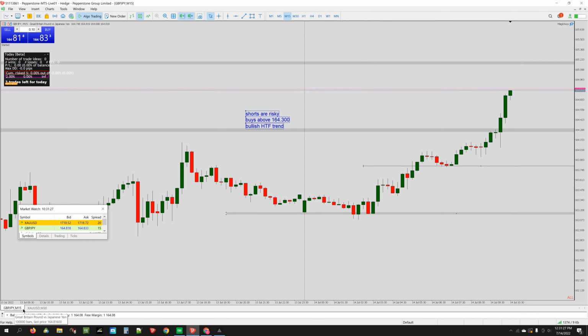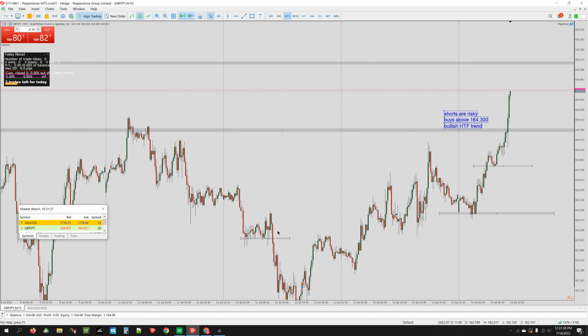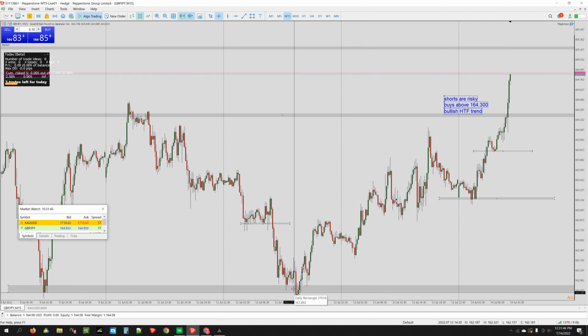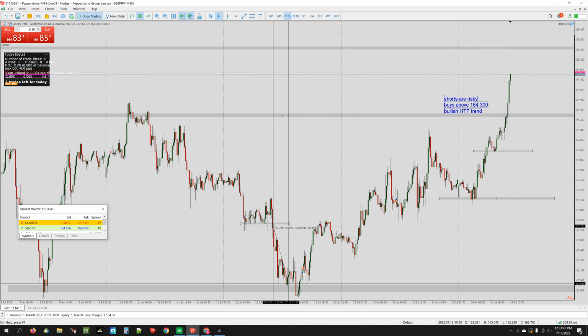We are just basically waiting. GBP JPY can continue pushing till 165.200. Yesterday, our anticipation that GJ can keep pushing down from 162.800 to the 162 area, around 80 pips, was successful.